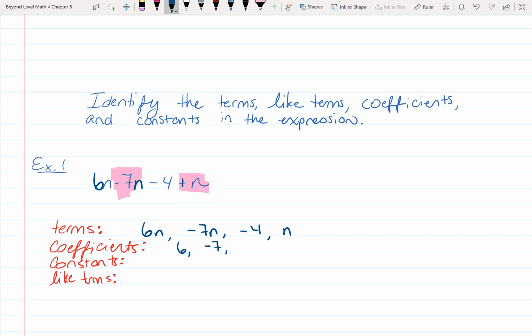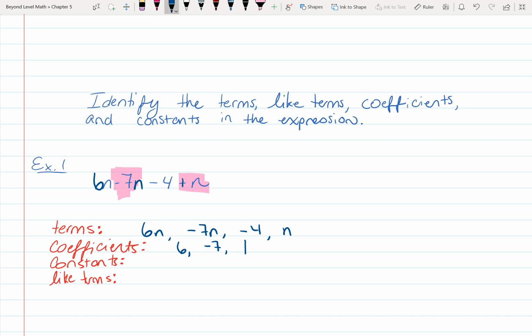Now that positive sign or negative sign in front of the n is going to tell you whether the coefficient is positive or negative 1. In this case, since it's plus n, our coefficient is positive 1. Any variable, no matter if it has the number in front or not, does have a coefficient. It's 1.